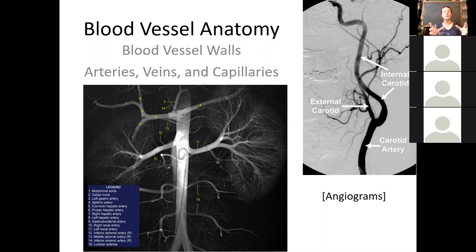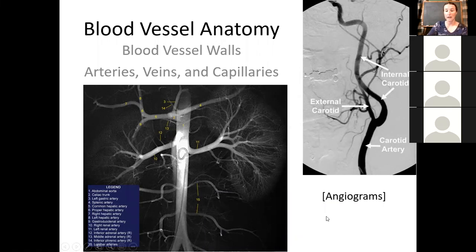And as we'll see, the blood vessels vary, right? There's a couple different types of blood vessels, all of which share different layers, different structural components, regardless of where it is in the body. I open this discussion with two what are called angiograms.